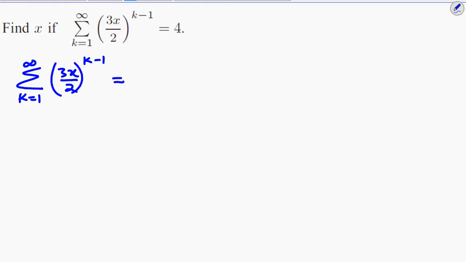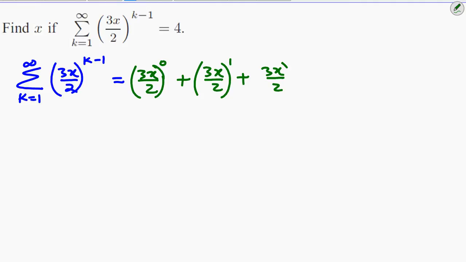will be, now this series, the first term will be, we just plug 1 in place of k, so 3x over 2 to power 1 minus 1, which is 0, plus 3x over 2 to power k is equals to 2, so 2 minus 1, that will be 1, plus 3x over 2.